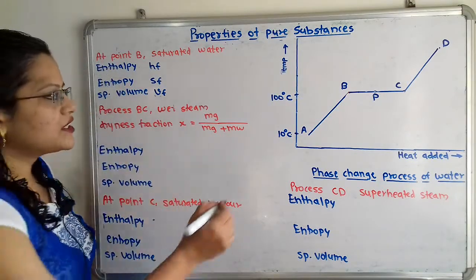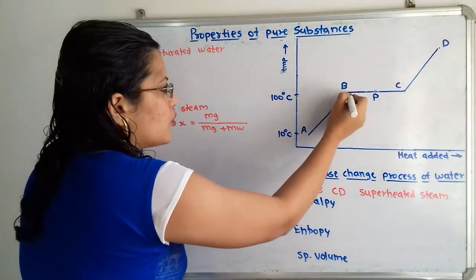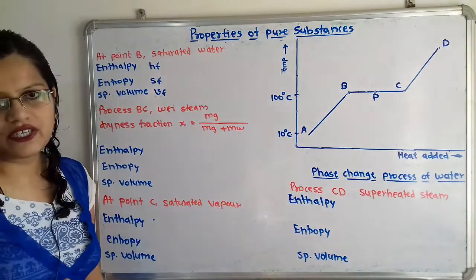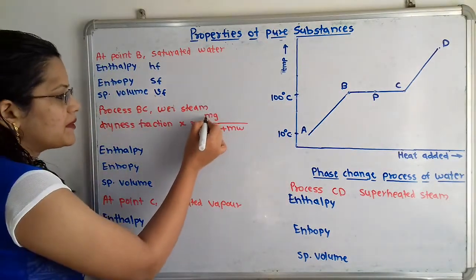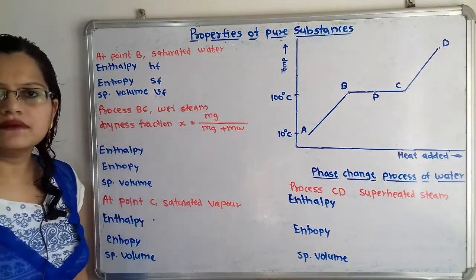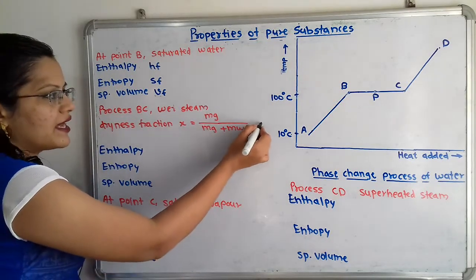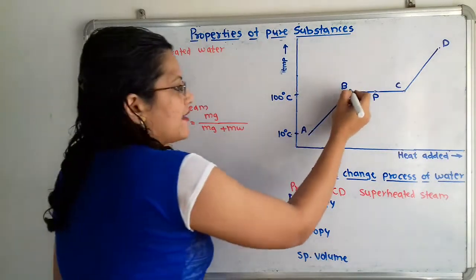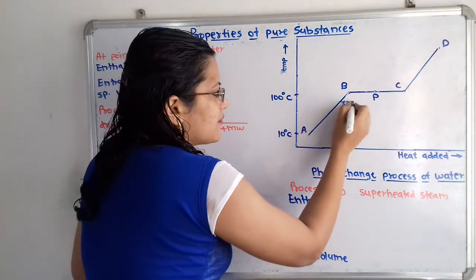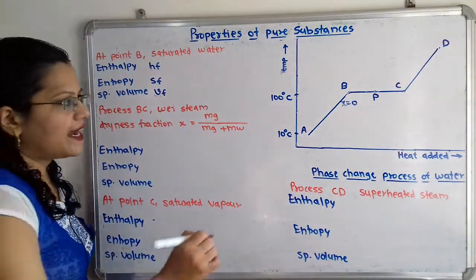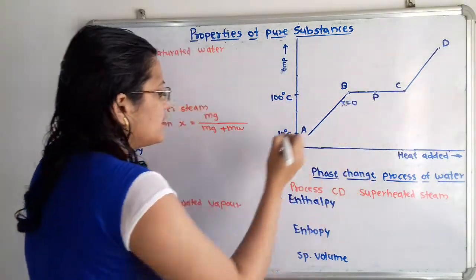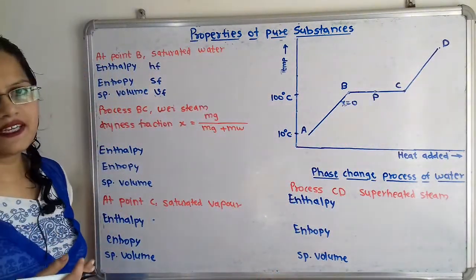Now at this point B there is no dry and saturated vapor. So at this point B, this mg value will become 0. So we can say that 0 divided by anything is equal to 0. So at this point B, X is equal to 0. And at this point C, no water particles are there.